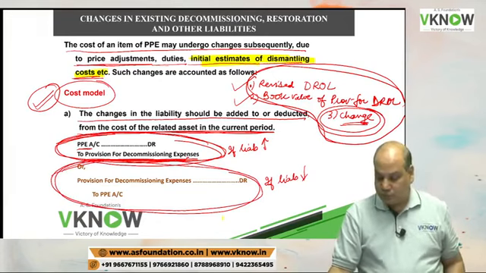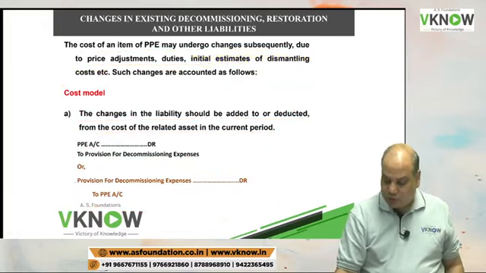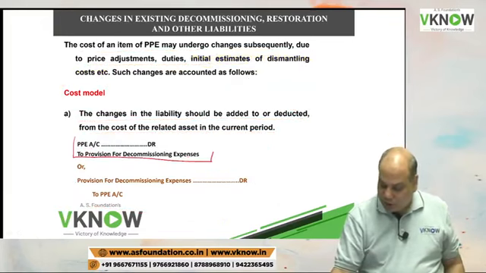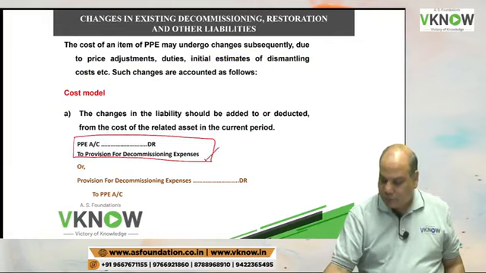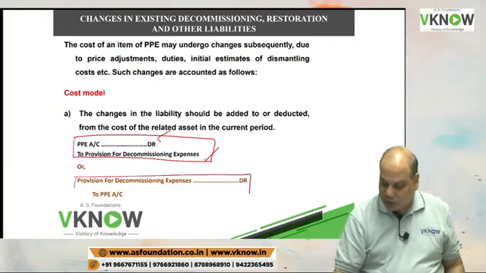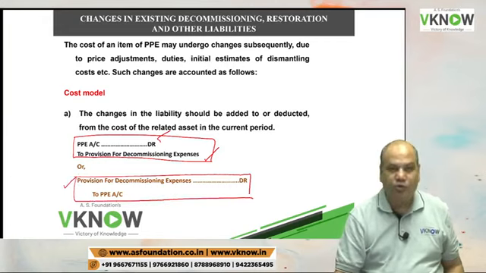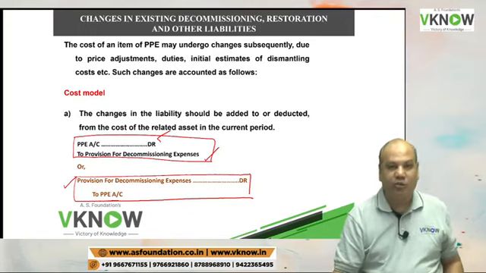Understood? Look at these two entries carefully. Very simple. Liability increases, PPE will be debited, liability will be credited. Liability decreases, liability account will be debited, PPE will be credited.